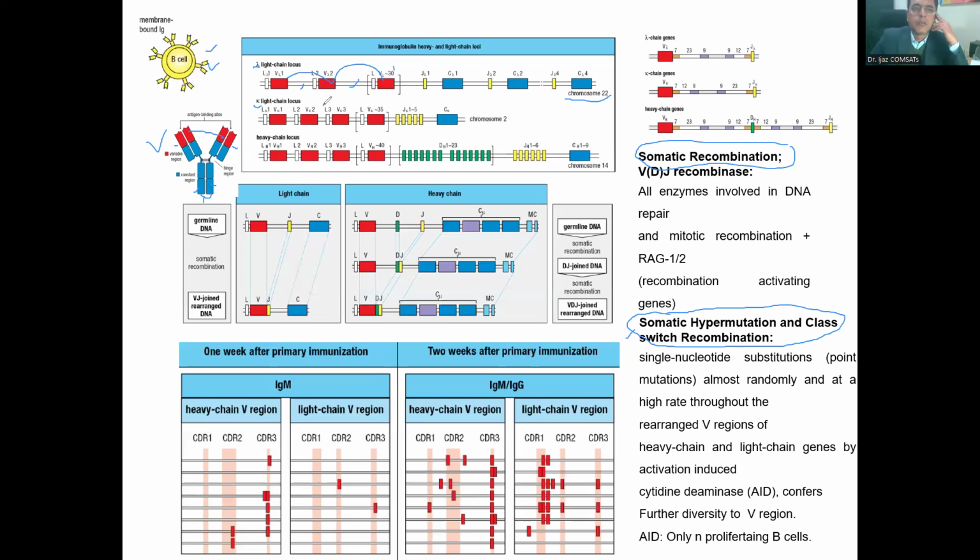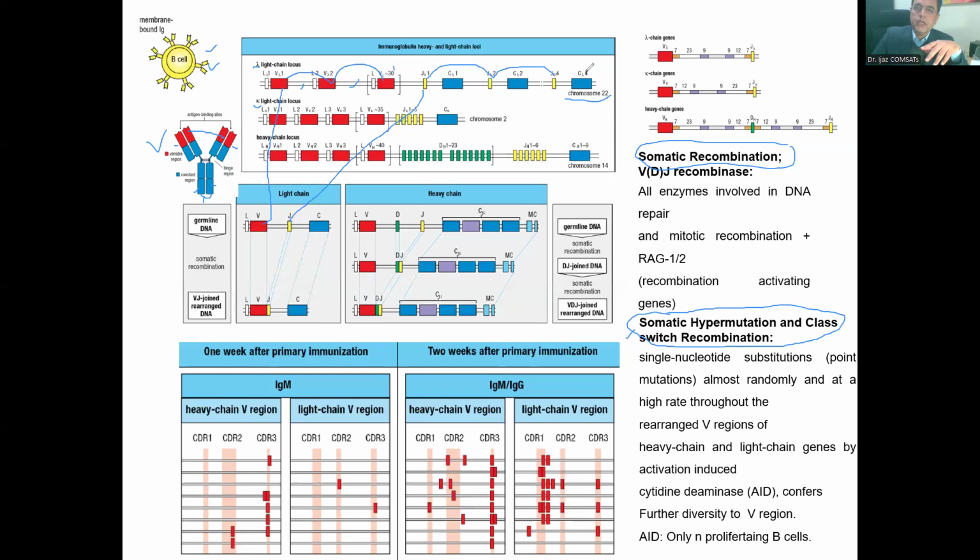So it means that all red boxes should be brought together in order to make a single variable region that you see here. Similarly, the joining sequences, J lambda 1 means the joining sequence, segment number 1 of the lambda light chain. One segment is here, another segment is here, the other segments are here. So all these segments should be joined together in order to make a single joining region.